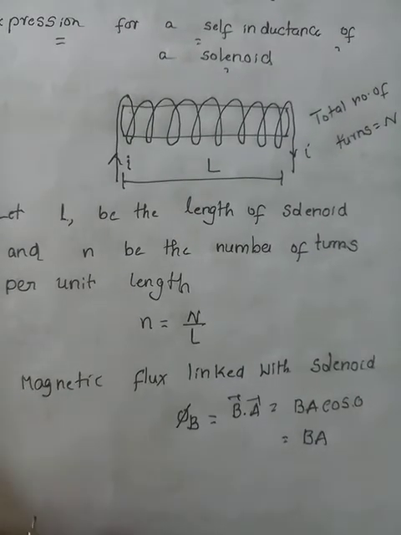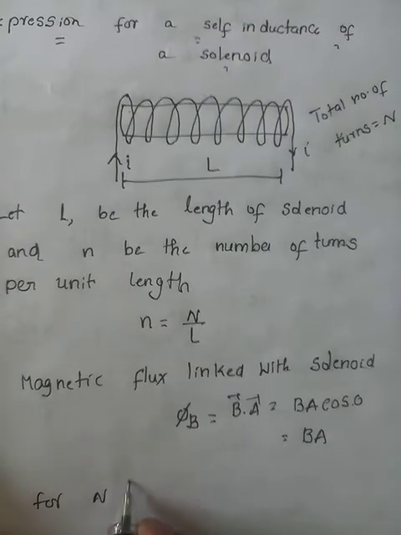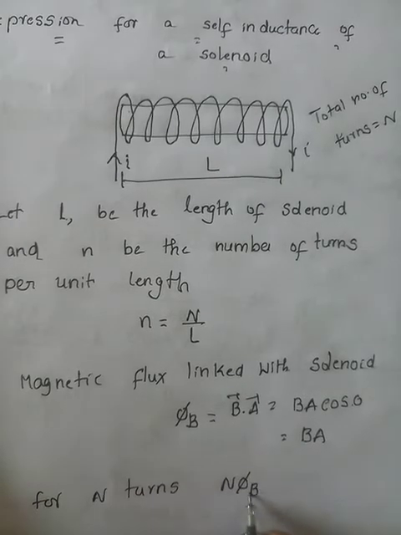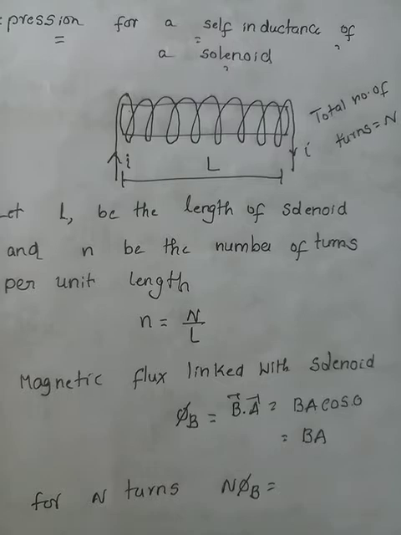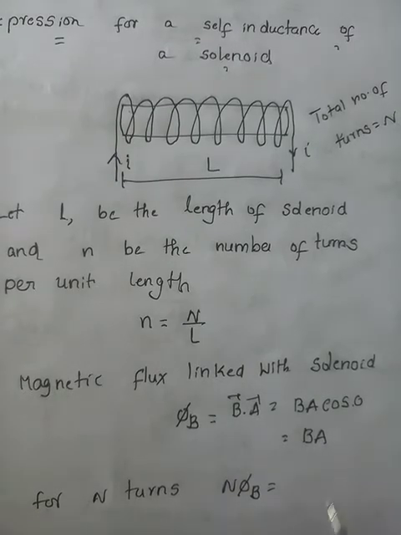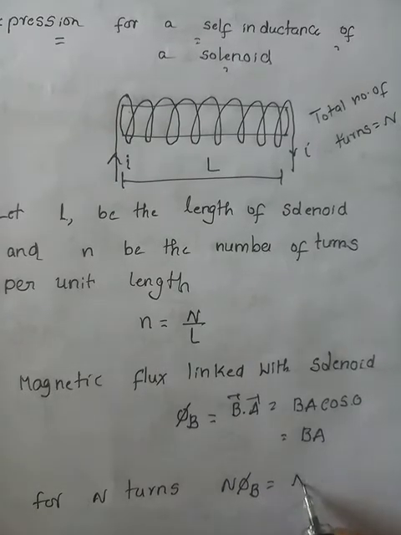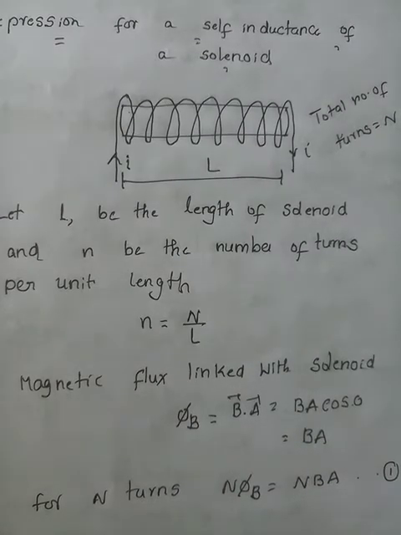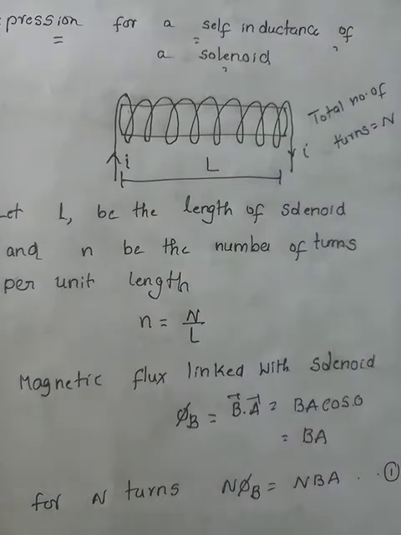N turns. So, for N turns, N phi B is equal to N B A. Okay. But I don't know what the magnetic field inside the solenoid is, right?